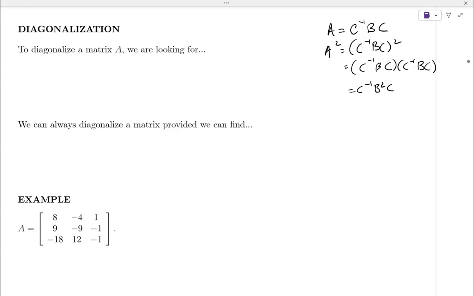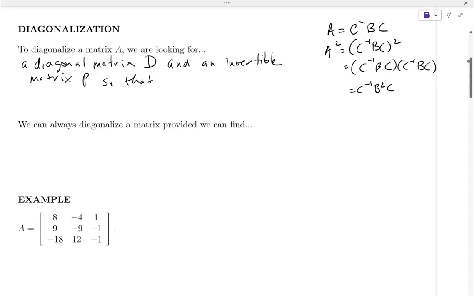When we want to diagonalize a matrix, we're looking for a diagonal matrix D and an invertible matrix P so that I can write A equals P D P inverse. I guess I could have written my inverse on the other side, that's okay, but usually we write the inverse on the other side.